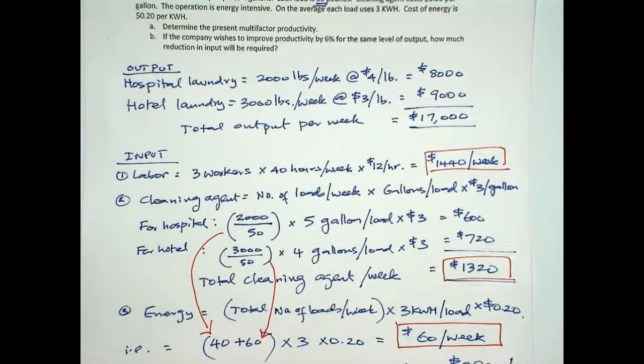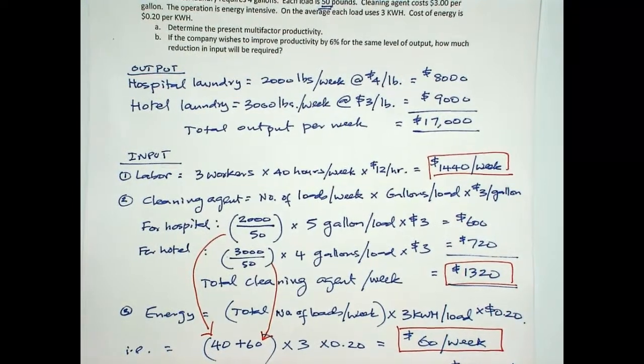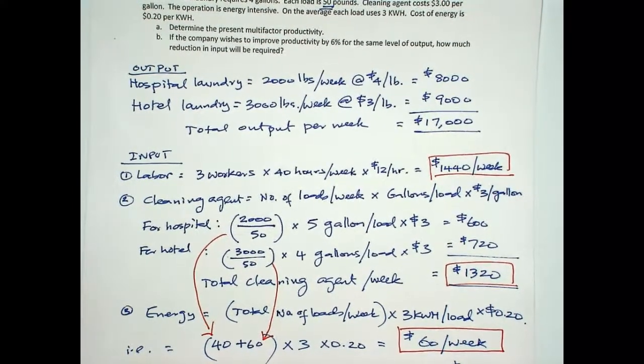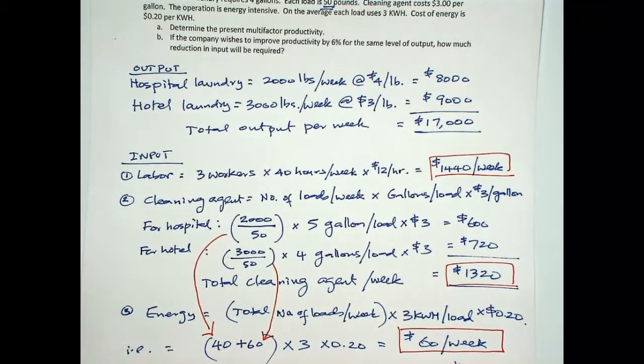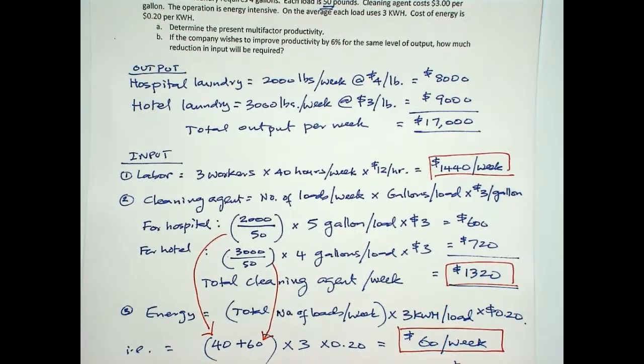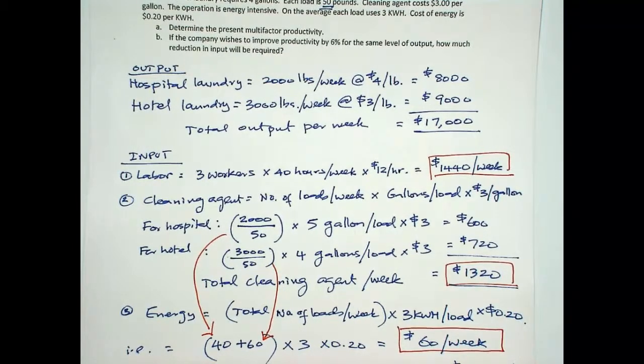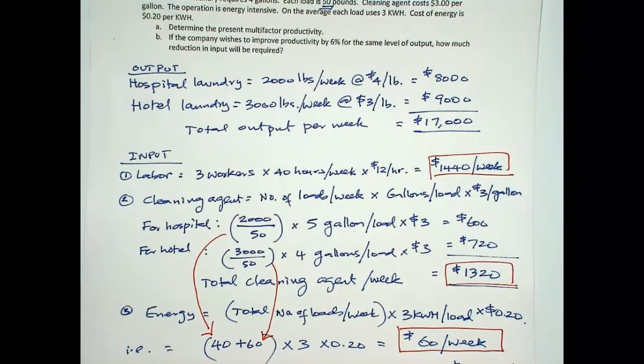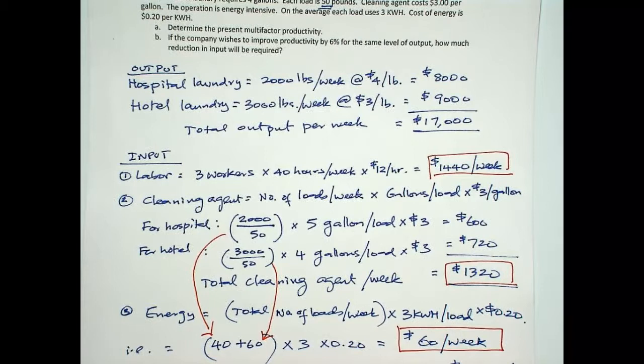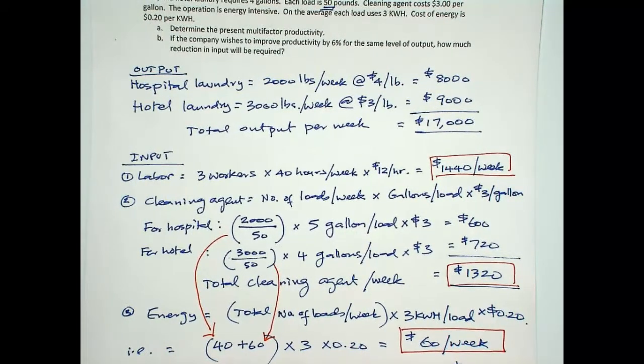Multi-factor productivity is now output, which is here 17,000, divided by input, which is 2,820, that is 6.02837 per dollar of input.